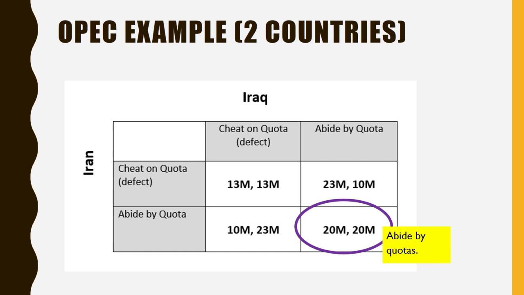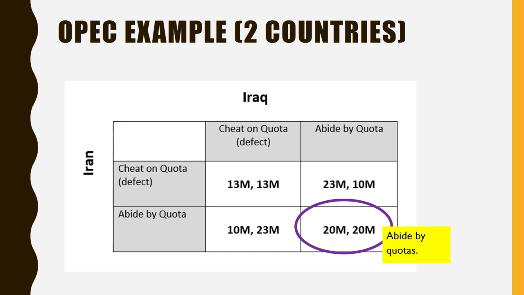So let's look at an example, and so that we can put it in a game, I had to just look at a two-country model. So we've got Iran and Iraq, and let's just assume that they're the cartel, and they have two choices. They could abide by the quota, or they could cheat on the quota.